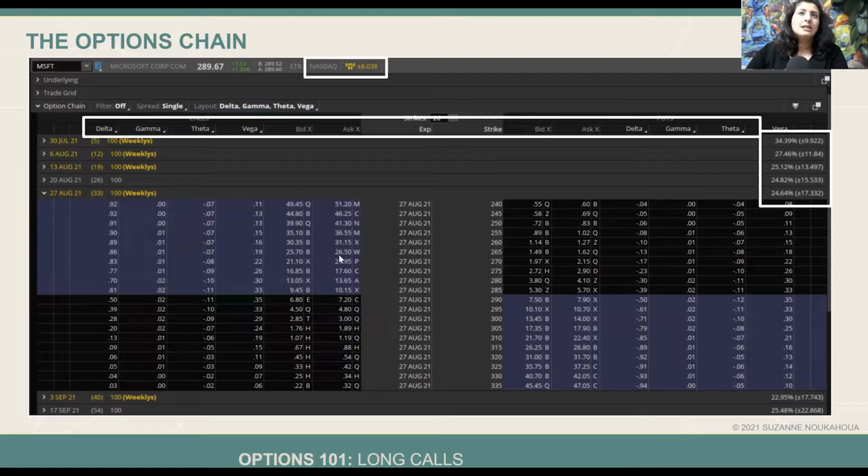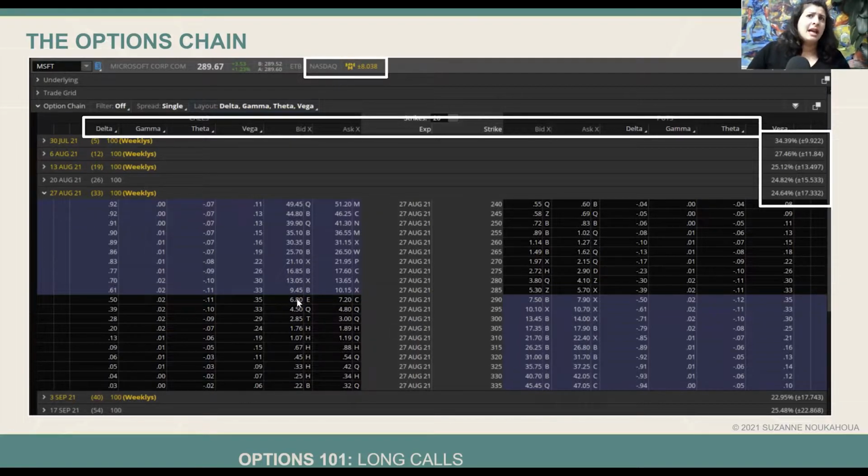And so here you can see the bid and the ask. If you get a contract that is right at the money, here right at the money would probably be closer to the 290, it would be worth $6.80. So for one contract, it would cost you $680. Since you are getting exposure to 100 shares, it is 100 times the bid or the ask.